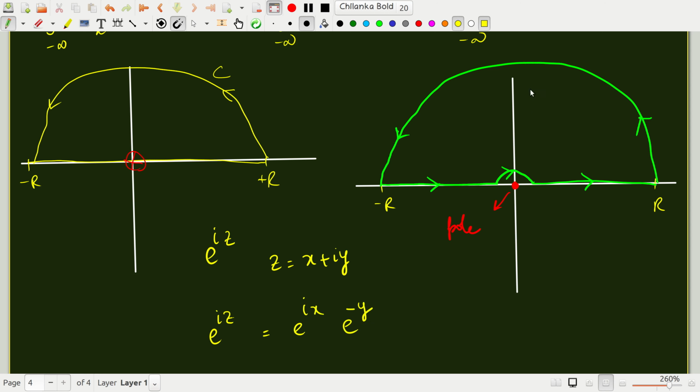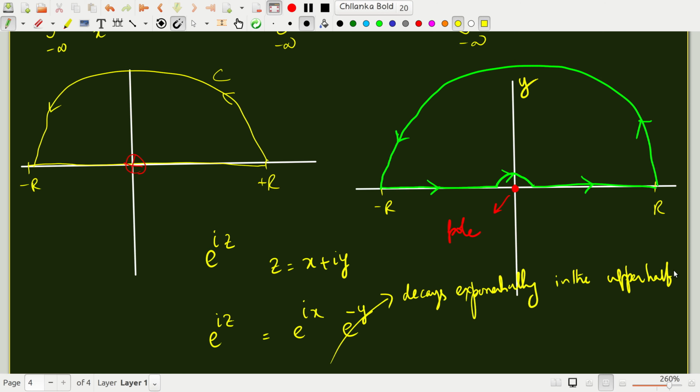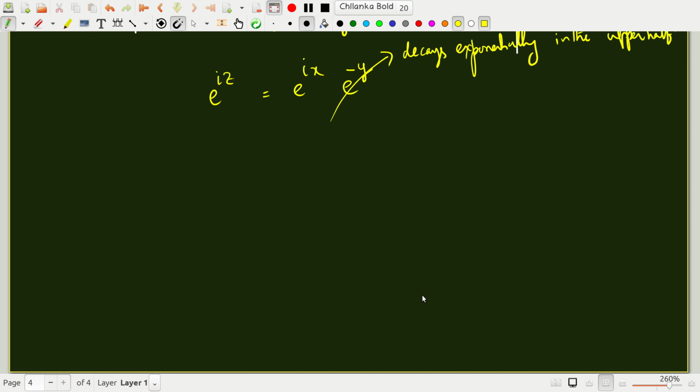So when y is positive, on the upper half of the plane, this decays to 0 exponentially in the upper half of the complex plane. So this means that it is correct to choose the contour in the upper half. If I had chosen the lower half, then it would blow up exponentially, which is not desired, because you want to solve the problem instead of compounding it, right?